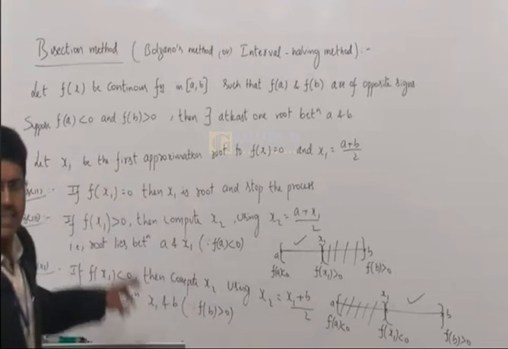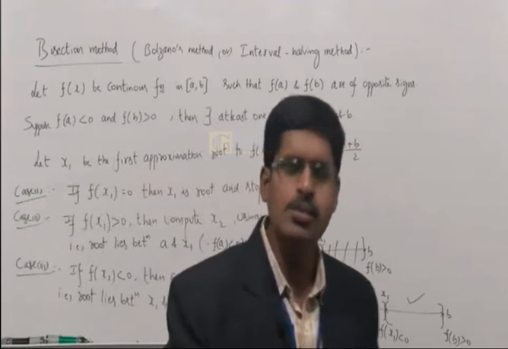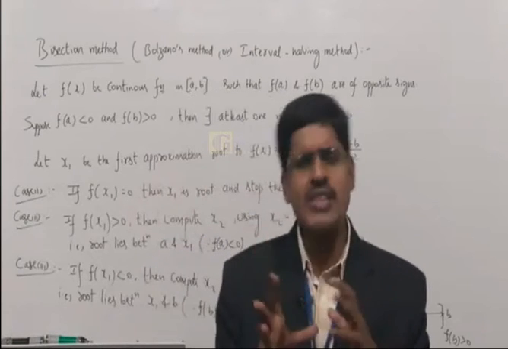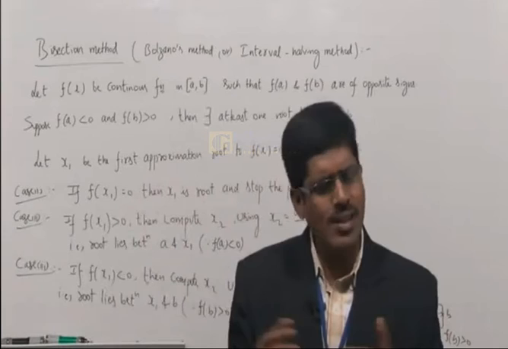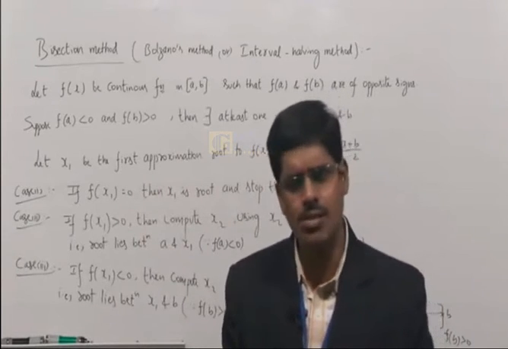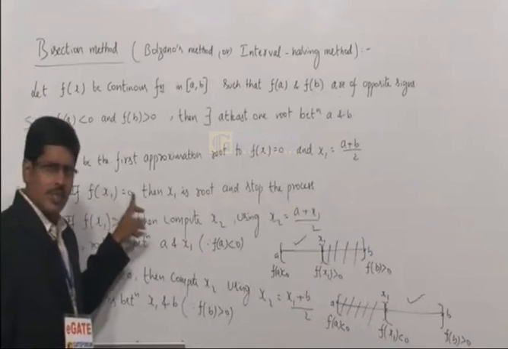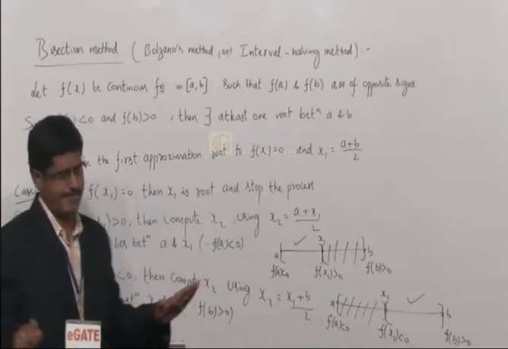That function value has three natures: it is either 0, or less than 0, or greater than 0. No other nature, only three. Whenever f(x1) is 0, that means x1 satisfies this equation, so x1 is the root and you stop the process.